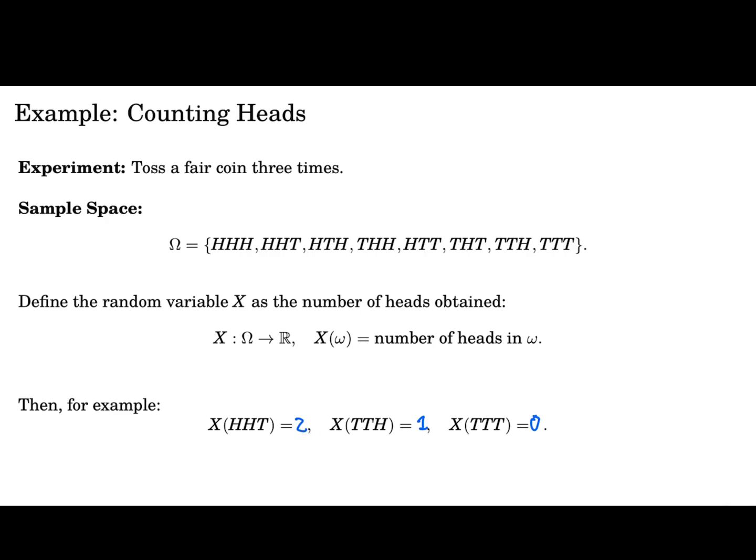For example, X of heads, heads, tails is the same as X of heads, tails, heads, and the same as X of tails, heads, heads. For all 3 of them, the random variable gives you 2.